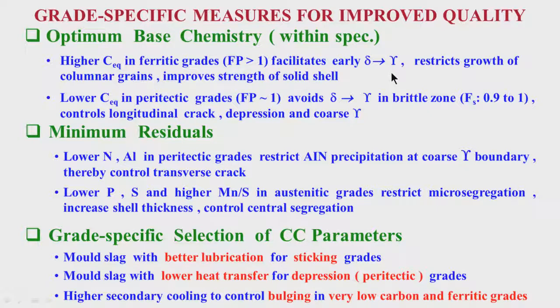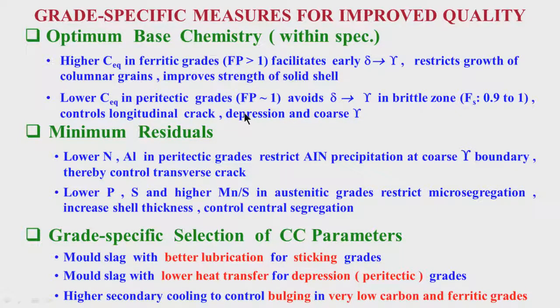There might be breakage of slab or bloom. This we have observed for ferritic stainless steels, silicon steels or very low carbon steels, because of soft ferrite and the columnar grains of ferrite extending almost towards the central region. So here the solution is a slight increase in carbon equivalent for ferritic grades.